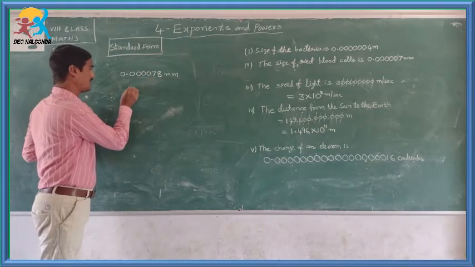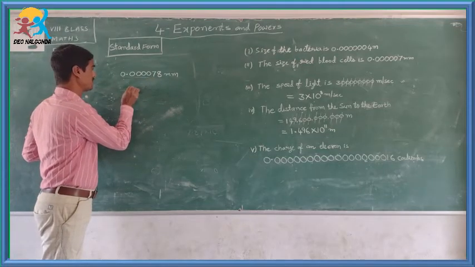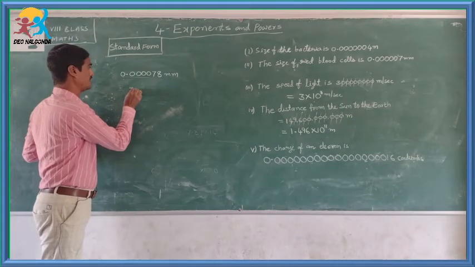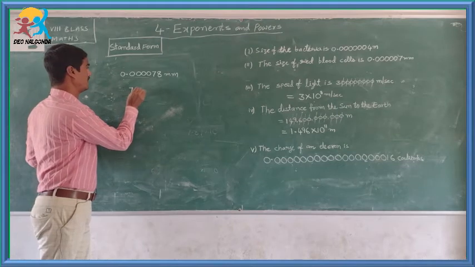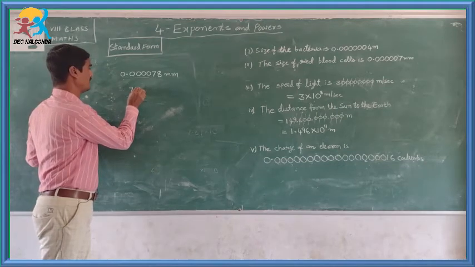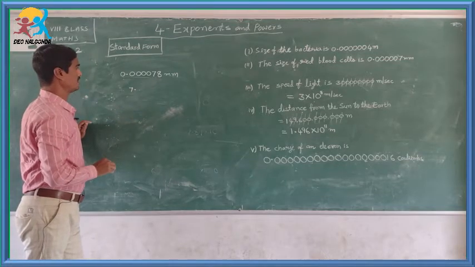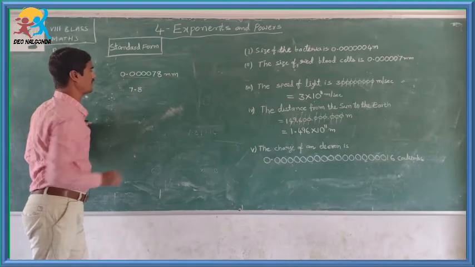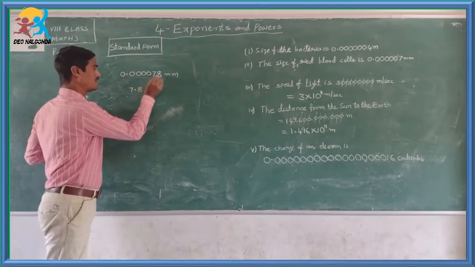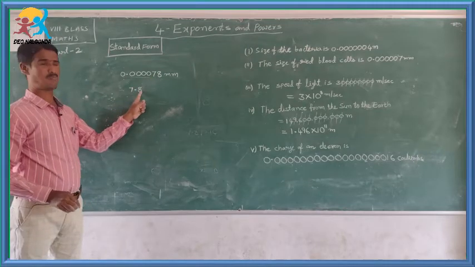So you have to write 7 point. You write the first 7, so 7.8. I have written 7.8. Here the non-zero numbers are 7, 8. It is 7.8.